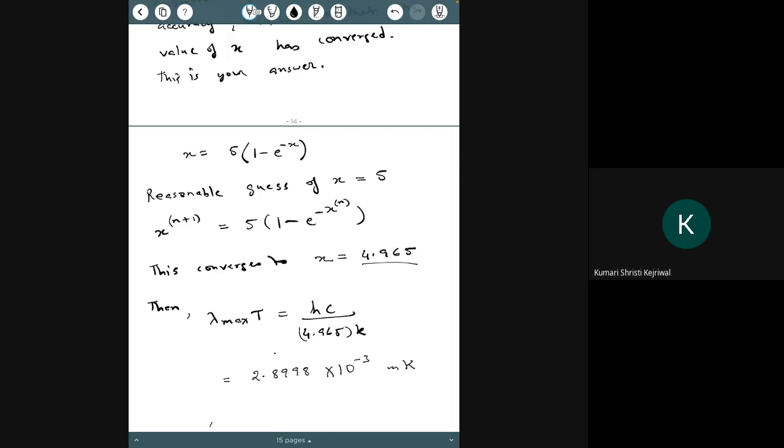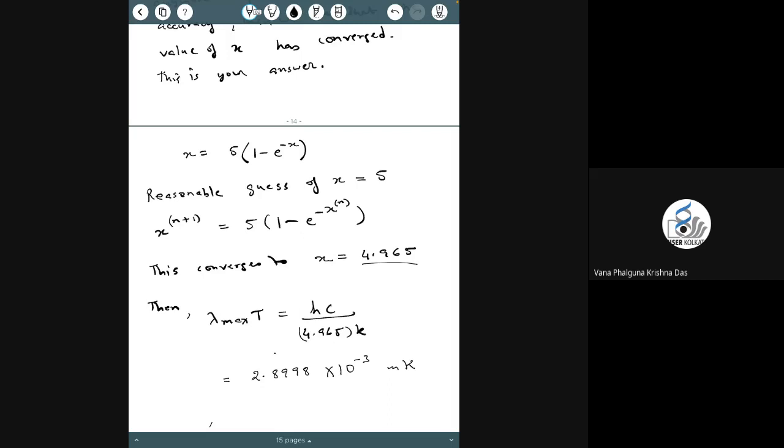Ma'am, we can say that the maximum energy is 5 times the average energy. And does it have any relation? Why are you saying this?